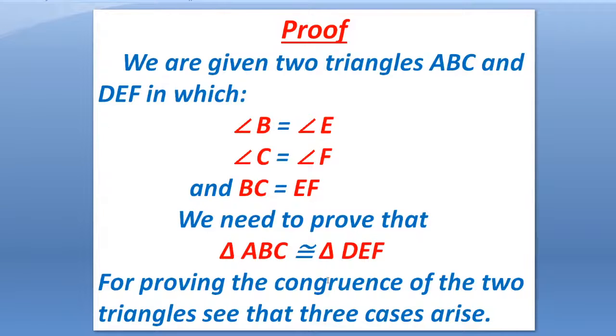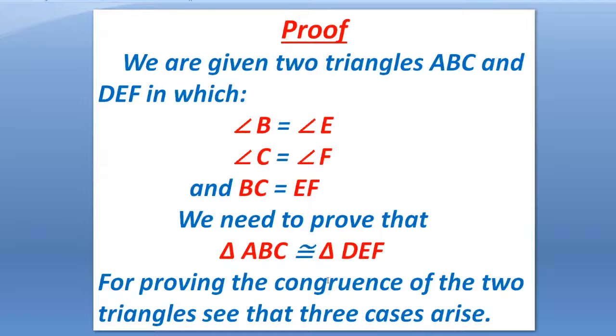So here is the proof. We are given two triangles ABC and DEF, in which angle B is equal to angle E, angle C is equal to angle F, and BC is equal to EF. We need to prove that triangle ABC is congruent to triangle DEF.